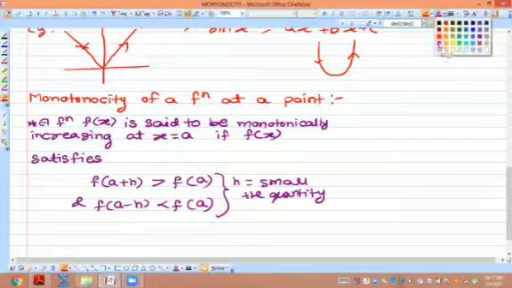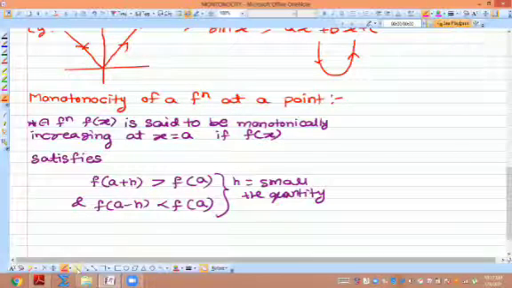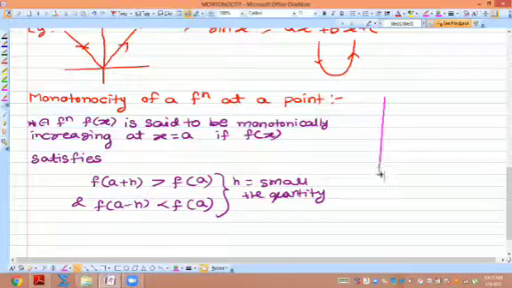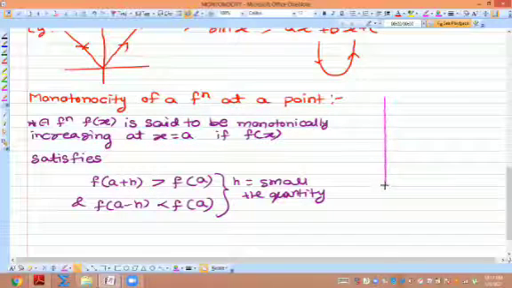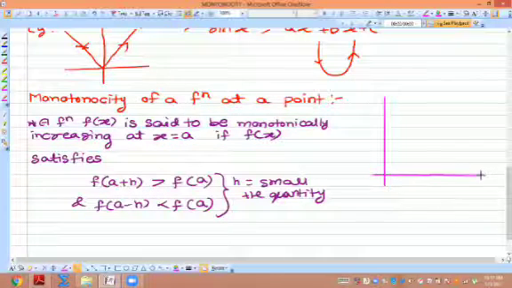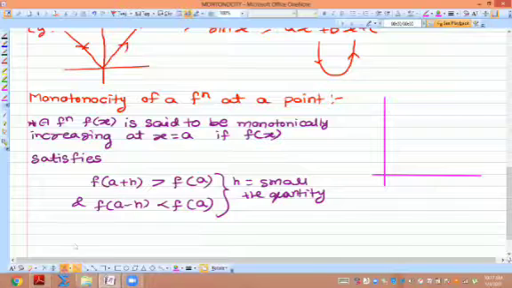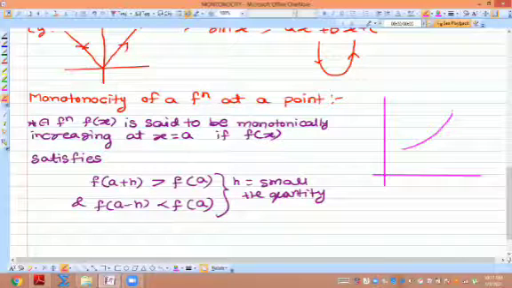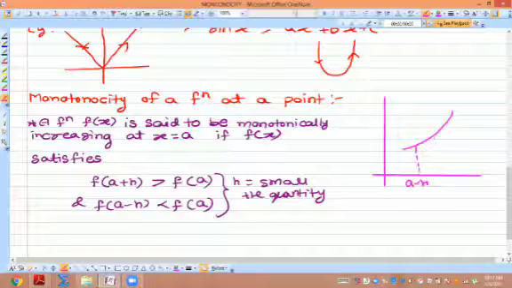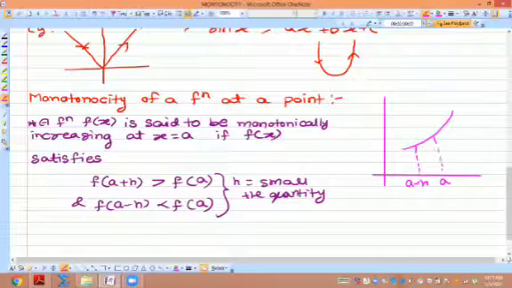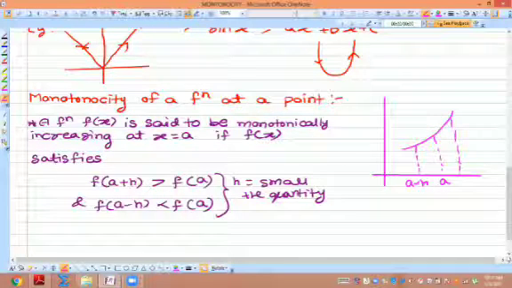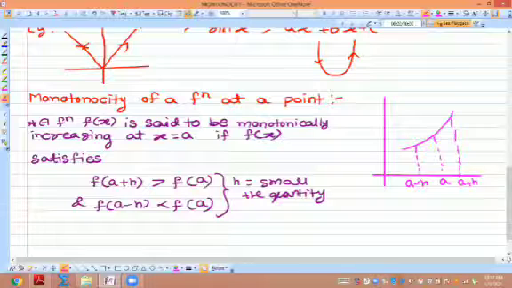So observe the curve, some curve like this. This is a minus h, this is a, and this is a plus h. So can we say that it is monotonically increasing? Yes.